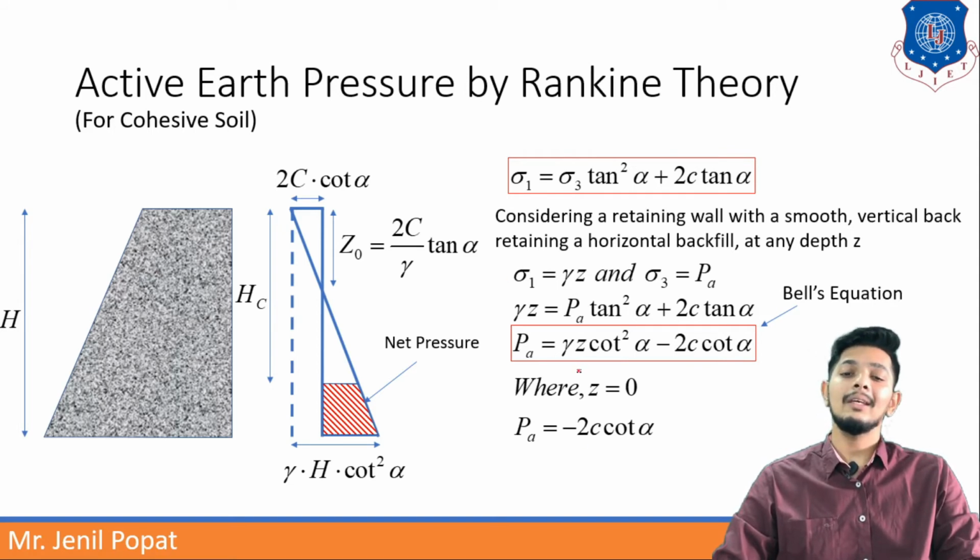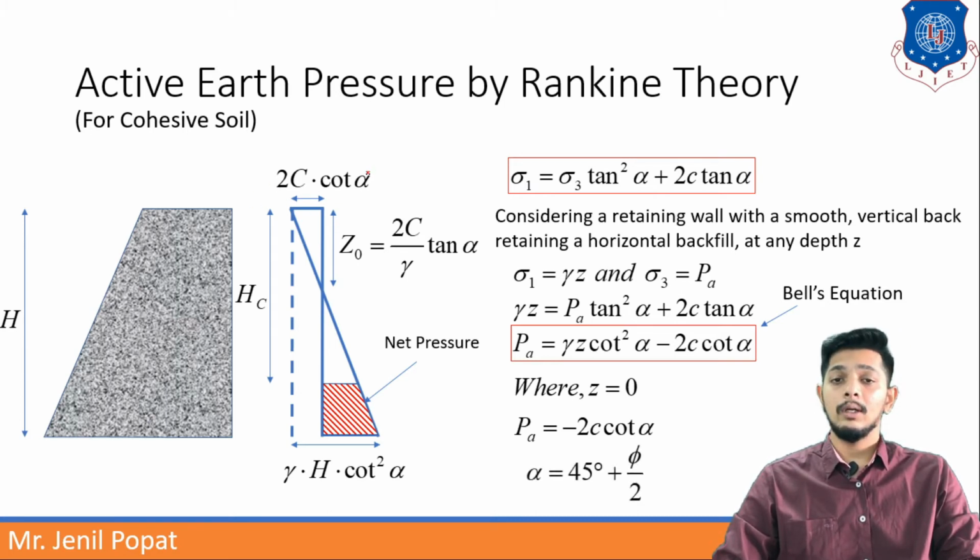I am getting PA as negative 2c cot alpha. Now, this negative value makes the pressure diagram like this. So at the top, at z equal to 0, there will be a negative value of 2c cot alpha. You understand the pressure at the top now.